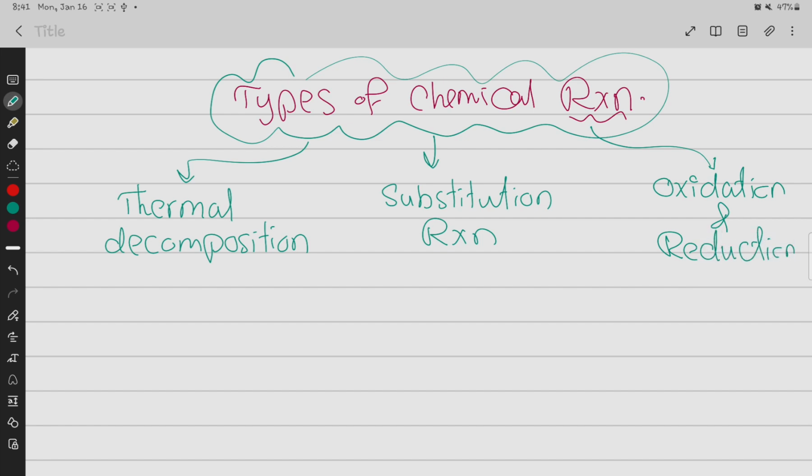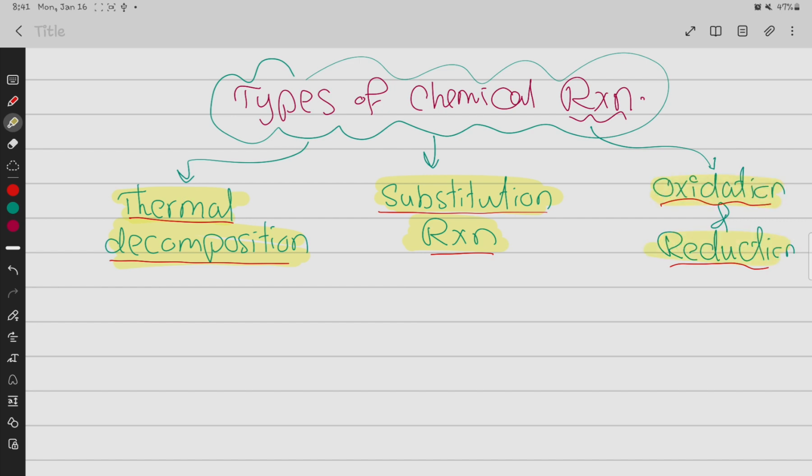So what are these types? Thermal decomposition, substitution reaction, oxidation and reduction. Okay, let's figure out what they are in closer focus.